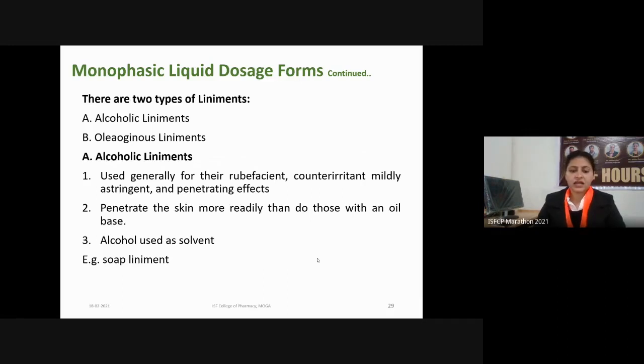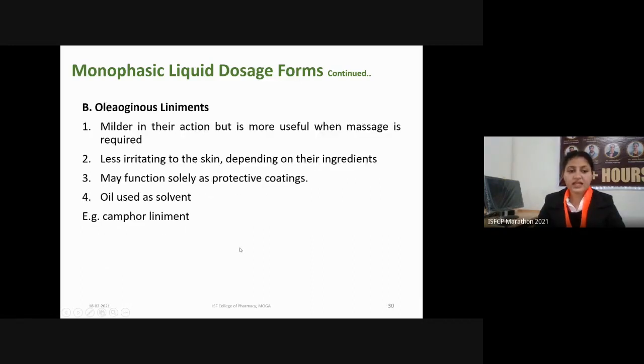From the name you can easily understand why we call them alcoholic liniment, because alcohol will be the vehicle that we are going to use in the preparation of the liniment. Example is soap liniment.